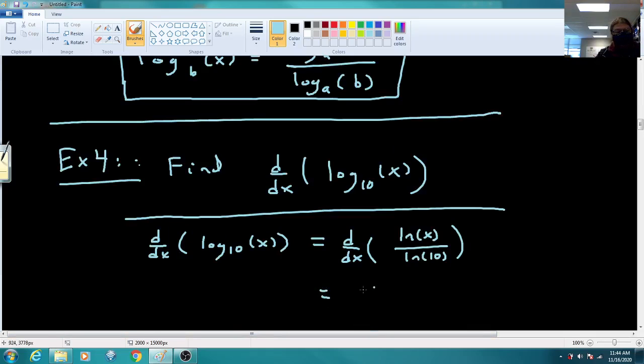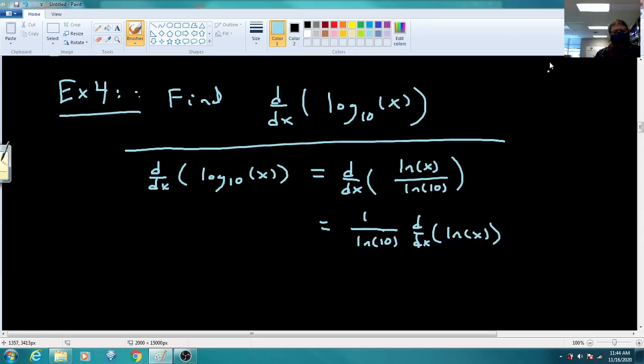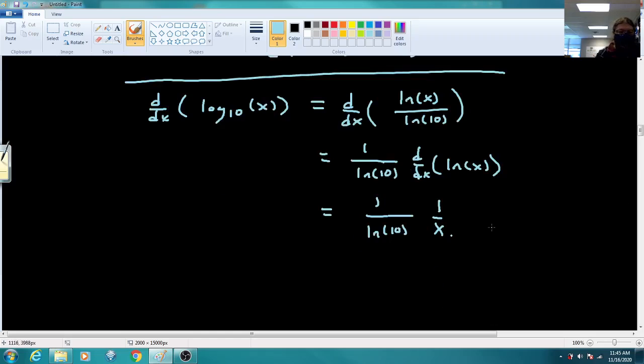This right here is a constant, so I can push it out front. And then if I want the derivative of natural log of x, this will be 1 over natural log of 10. d/dx of natural log of x is 1 over x. So simplifying it, I get that.